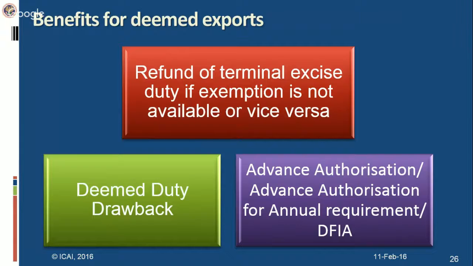Now what does it mean? First of all, you should know that the benefits of deemed exports vary depending upon the type of supplies made by the manufacturer. In each type of supply, there is a different type of deemed export benefit available. In some cases of deemed export, the domestic manufacturer is eligible for outright exemption from excise duty, whatever product he has finally supplied to the exporter, if that product is eligible for excise duty exemption.